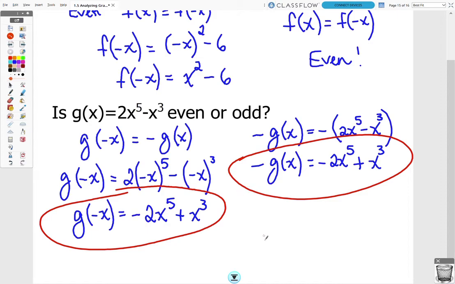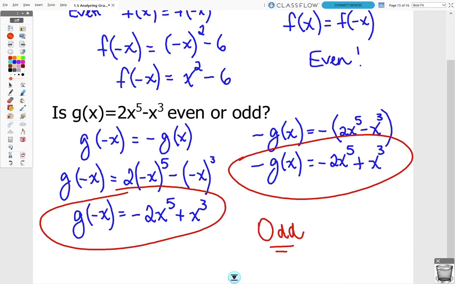Those two things being equal makes this odd. Notice, negative g of x is the same as g of negative x. So by making everything opposite in sign, I ended up matching. If I substituted a negative in place of x, that tells me I'm dealing with an odd function.